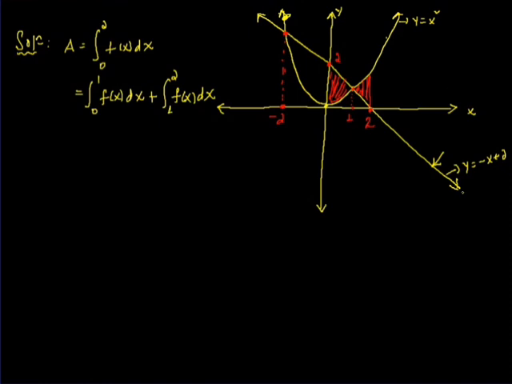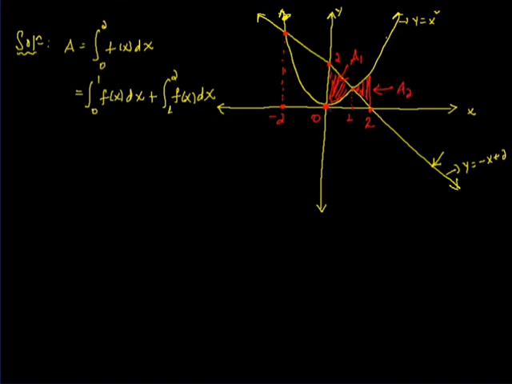So we are asking for the area between the two curves from x equals 0 up to the point 2. When we see the region between the two curves, we can find two different regions. Call this the first region A1, and this the second region A2.